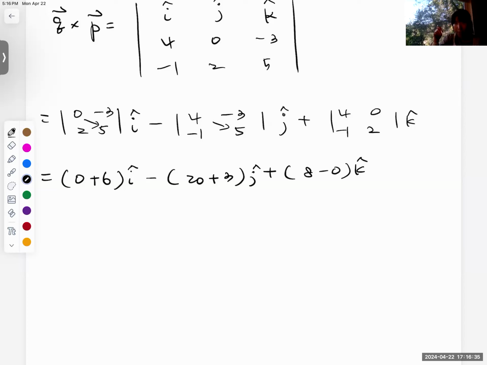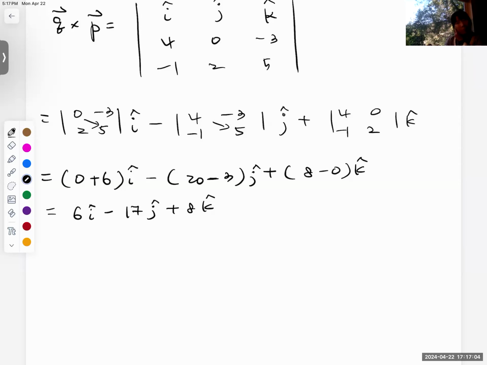Hold on one second. I made a mistake, right? So this is negative, because negative negative is positive, right? Okay, so there will be 6i minus 17j plus 8k, right?